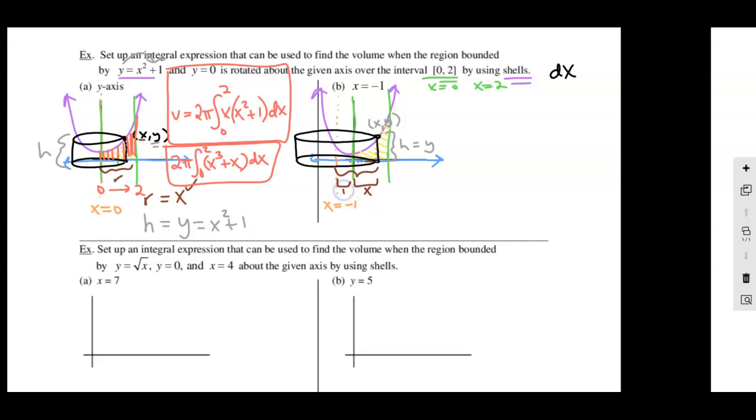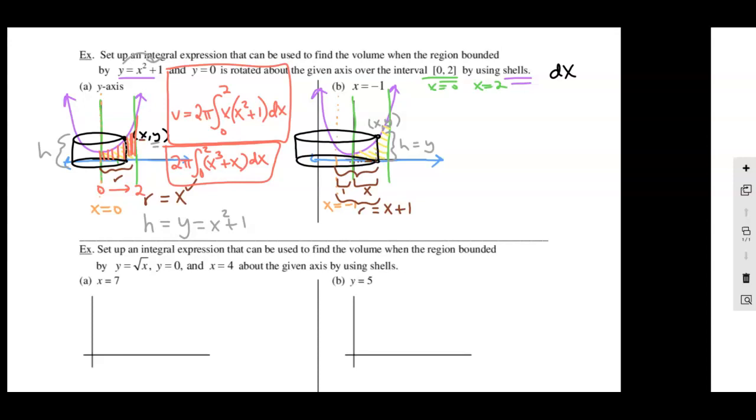This distance is 1. So what's this whole radius going to be? X plus 1. Okay, but the radius was horizontal, but it wasn't just x, because you didn't just have to get to the 0. You had to actually go to 0, the axis, and you had to go 1 unit farther. Right? If it would have been at x equals -5, the radius would have been x plus 5, because you would have had that width of 5 over there on the left side of the y-axis. But the height was still y, so that was pretty easy.